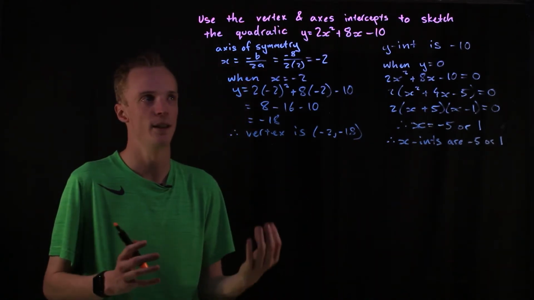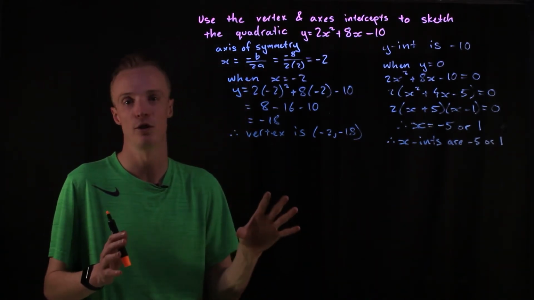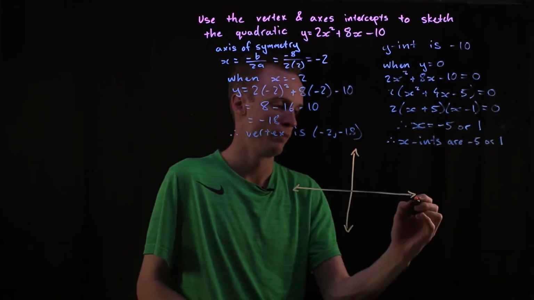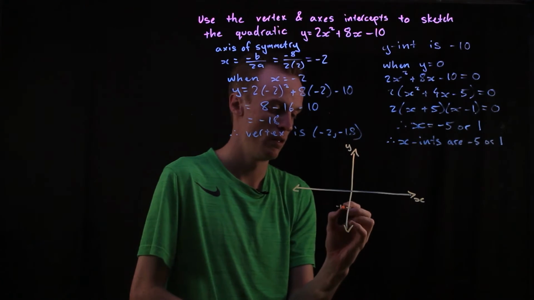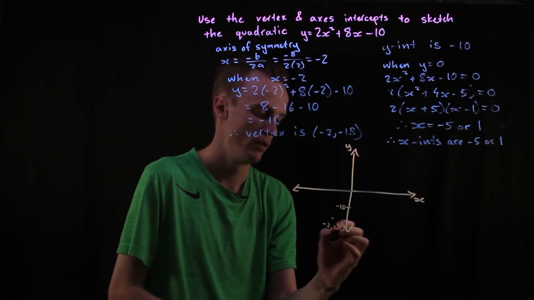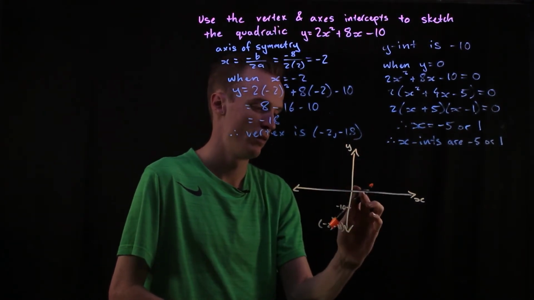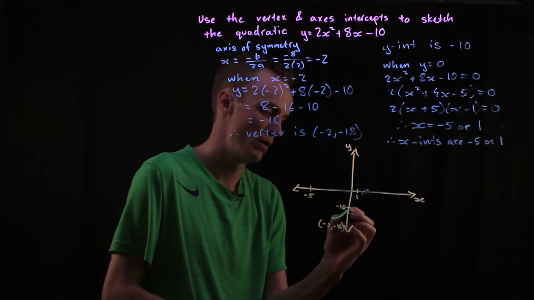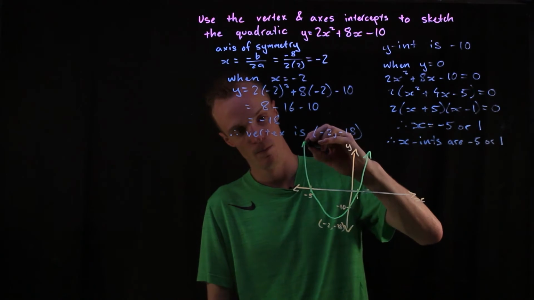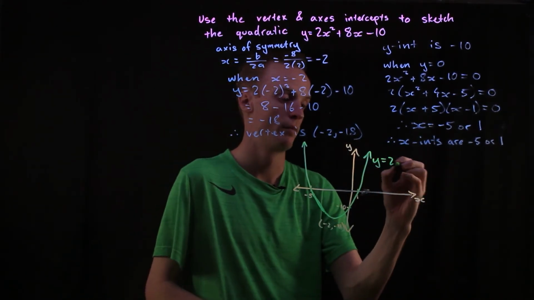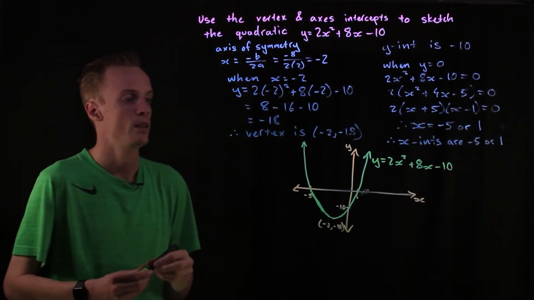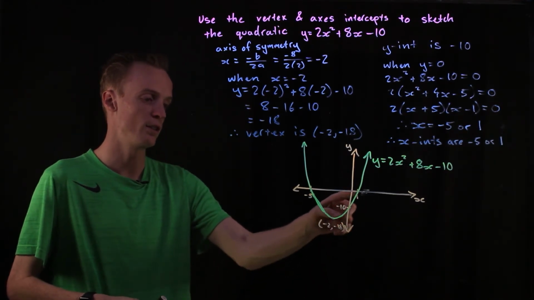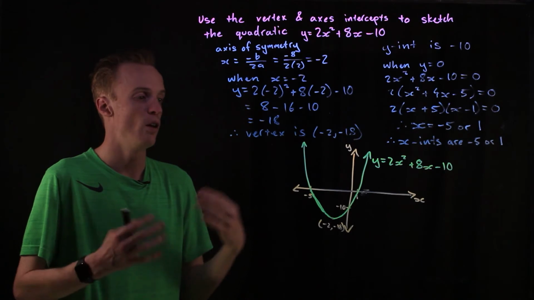So now all that's left to do is to put this information onto a graph and sketch my graph. So as you can see here, I've included the vertex, the y-intercept, and our 2 x-intercepts on my sketch of the quadratic just here.